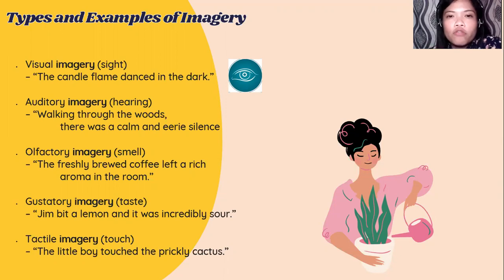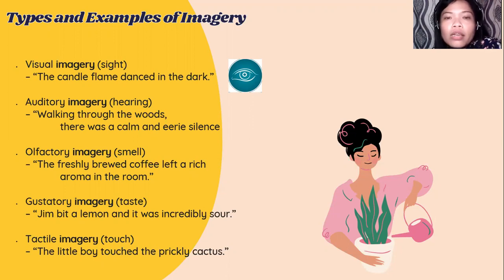Visual imagery deals with the sight. Whenever the author is describing a certain scenario, he may use visual imagery for us to picture out the scenery. That is visual imagery.